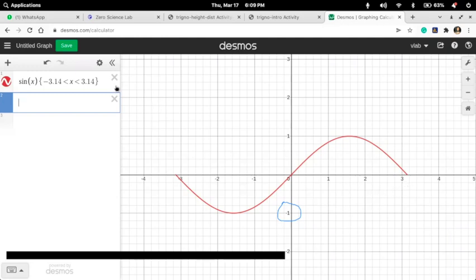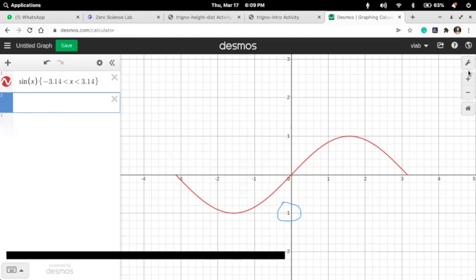So, 3.14 radians is equal to how many degrees? You remember it? Yes, sir. Pi by 2.